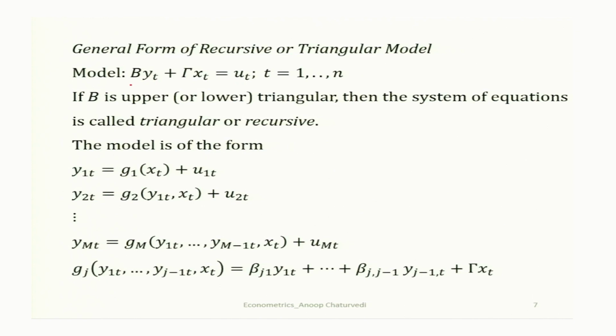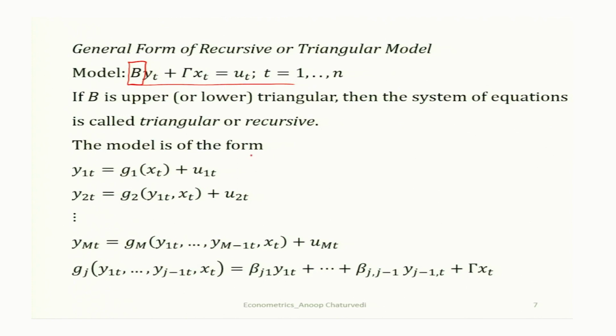This is just like the simultaneous equations model, but here the matrix of coefficients of y t's, B, is either upper or lower triangular. Then this system of equations is called the triangular or recursive system of equations. So, B is of the form of a triangular matrix. It may be an upper triangular matrix or a lower triangular matrix.